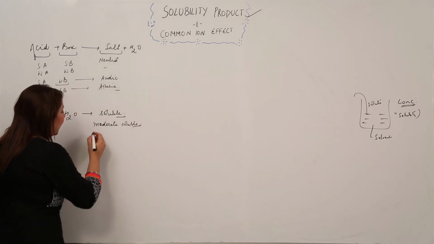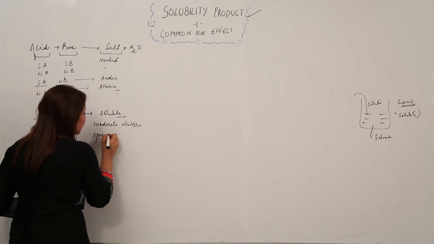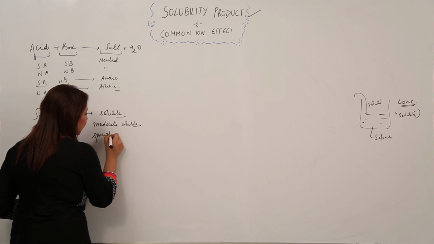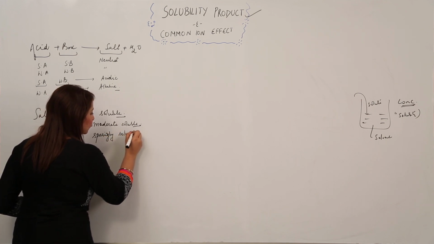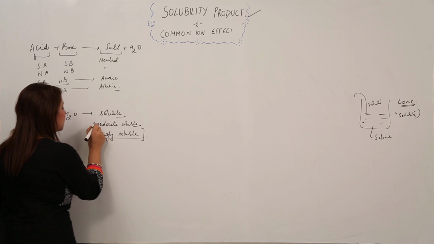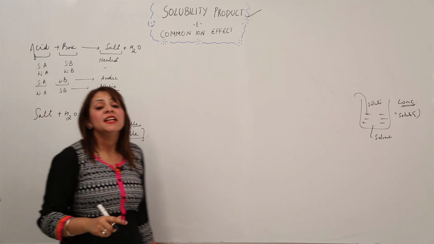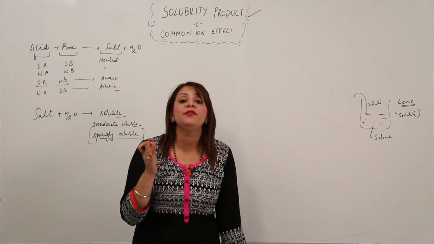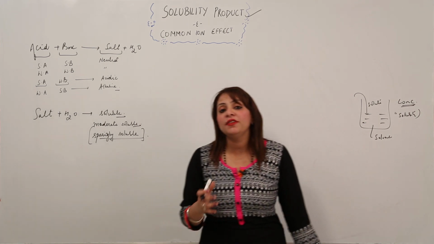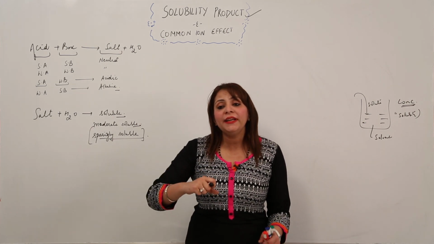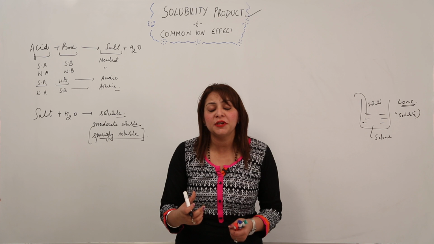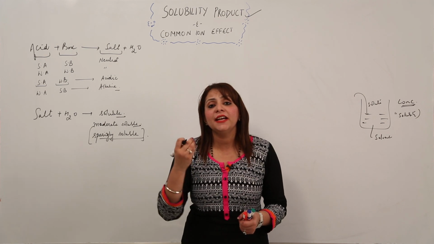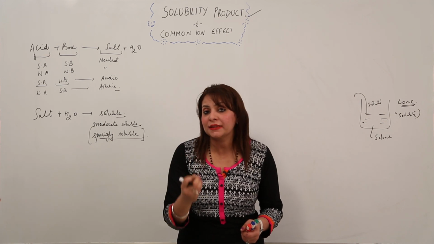And we also get sparingly soluble salts. What do you mean by the term sparingly soluble? That means their solubility is very, very less. When we dissolve them in water, they don't get dissolved 100%. They get dissolved only up to a small extent, right?